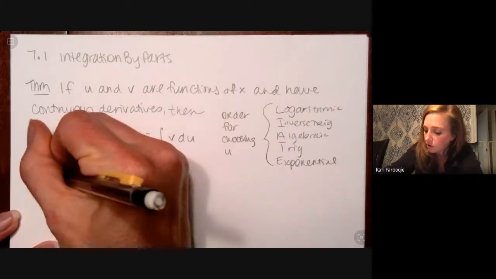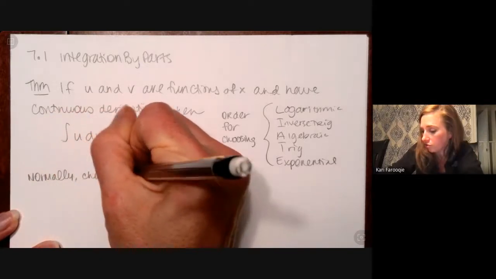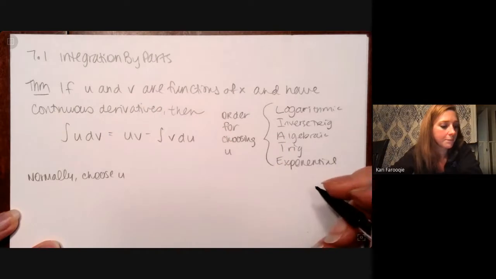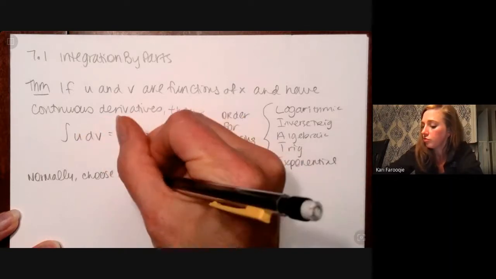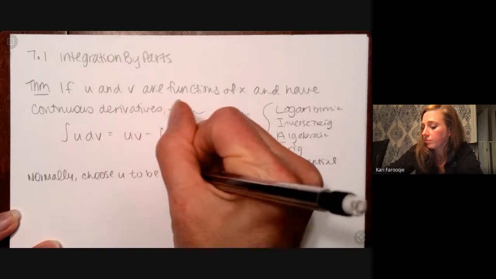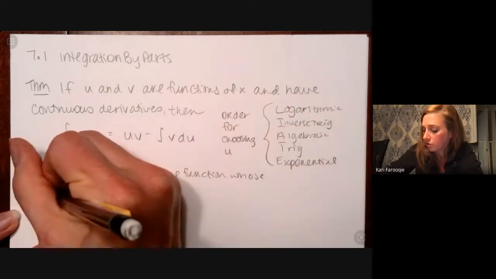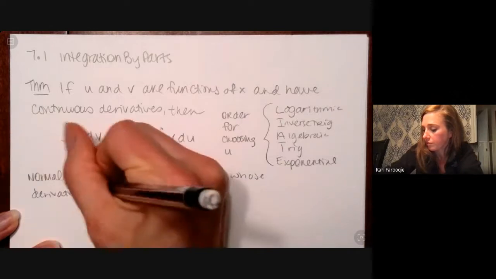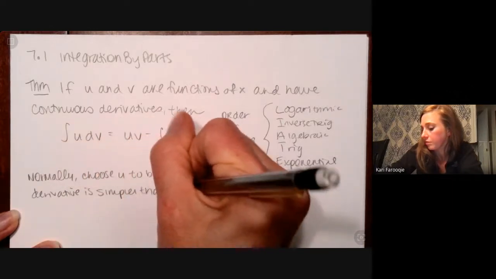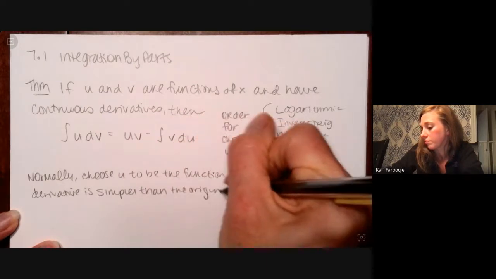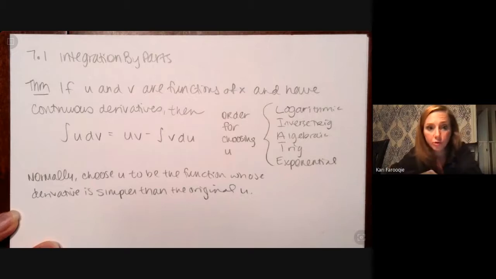So normally we're going to choose u to be the function whose derivative is simpler than the original. u is going to be a function that has a derivative that's simpler than itself. dv is generally going to be the more complicated portion in the integrand.